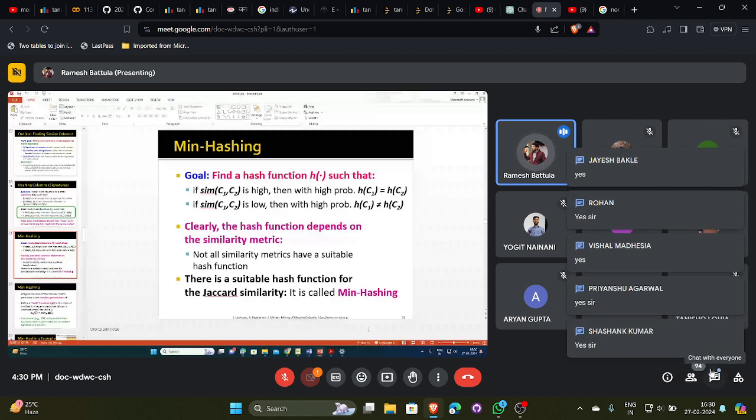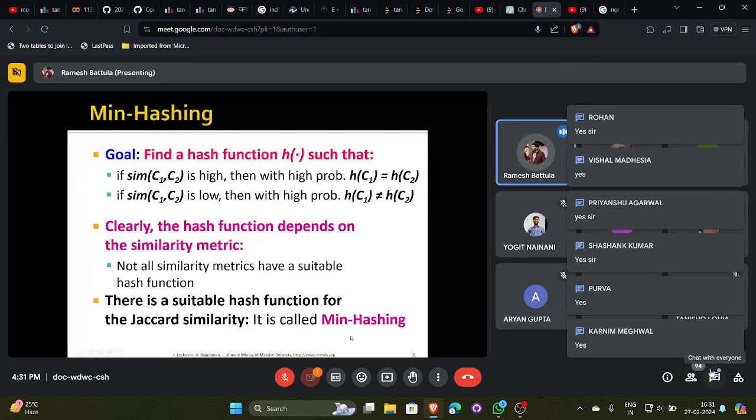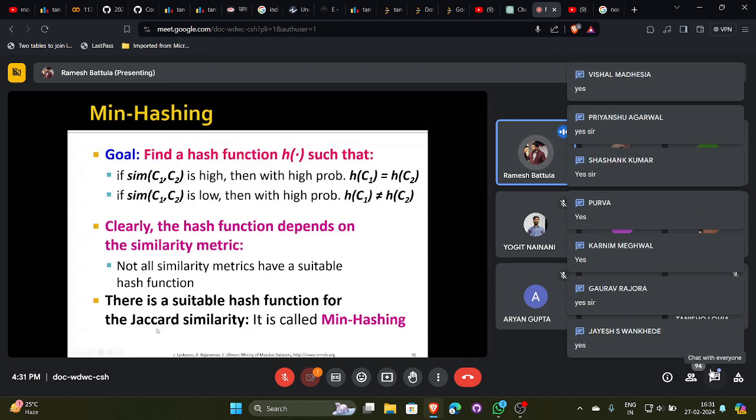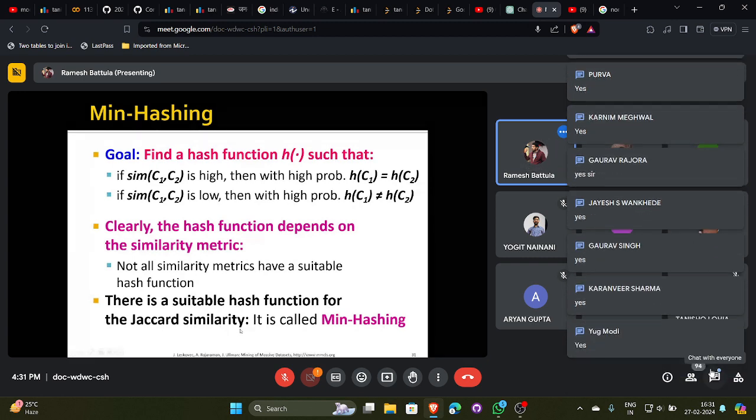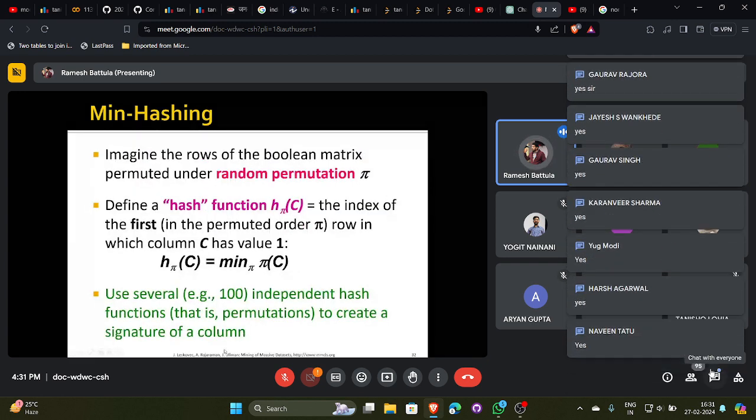Right. So min hashing means a suitable hash function for Jaccard similarity. We'll see how the min hash function is used.